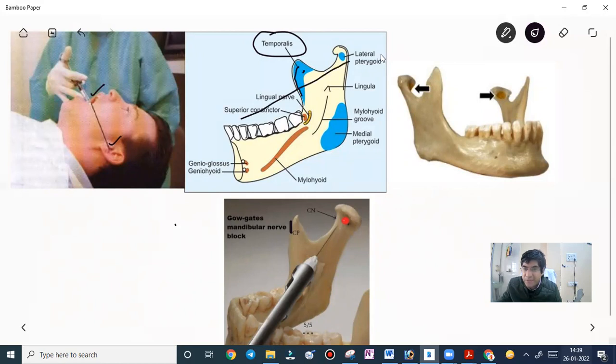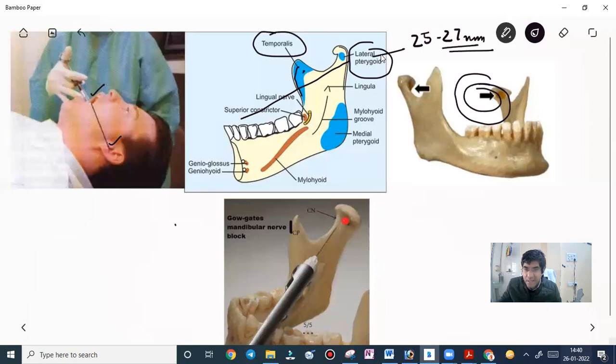the fovea region. So this region is the fovea region of the condylar neck is contacted. So remember the fovea, it is the insertion of the inferior belly of lateral pterygoid muscle. Very good. So depth of insertion that should not exceed 25 to 27 mm.